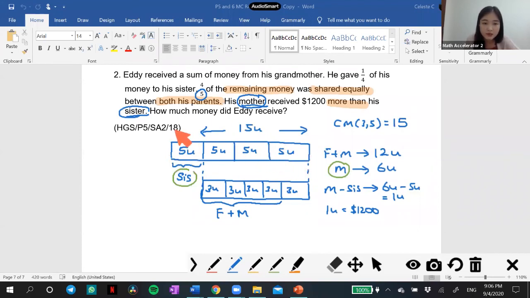You have 15 here, but you have to add in the sister here. So total will be 20 units. Right, so final answer, what do I have? $24,000. Right, so that's your answer.